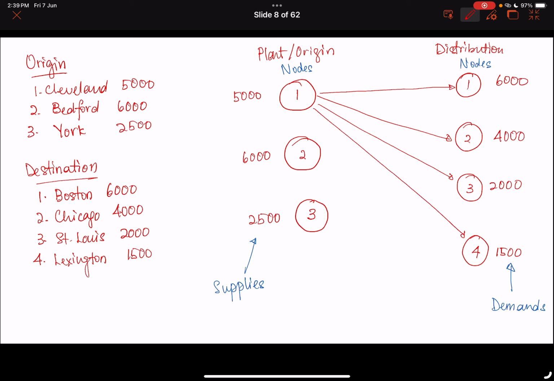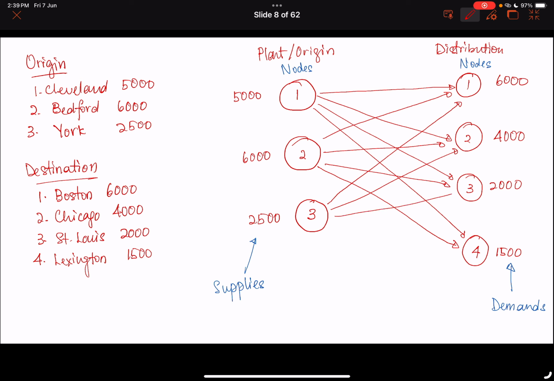Node 2 can go to 1, 2, 3, 4. And origin 3 can go to distribution nodes 1, 2, 3, and 4.